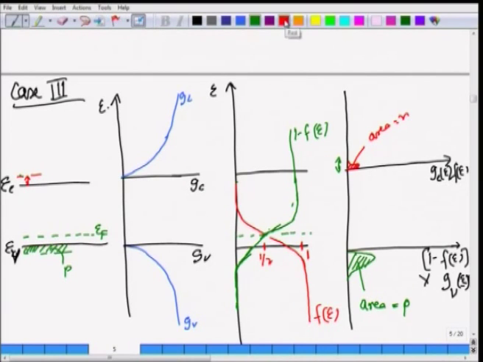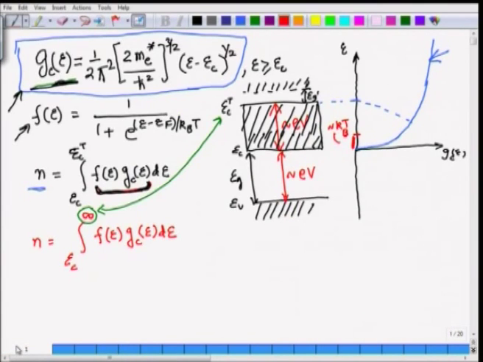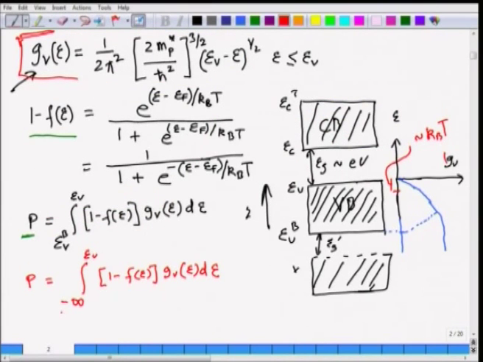Only in this much energy, very small energies, electrons and holes live. The rest of the part does not matter, which also therefore allowed us to carry out this integration to infinity for n, and up to minus infinity for calculating P.